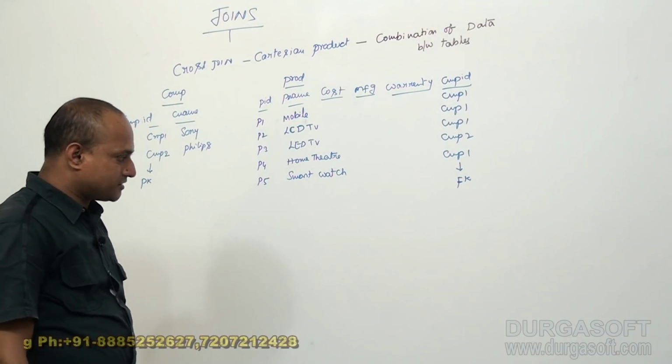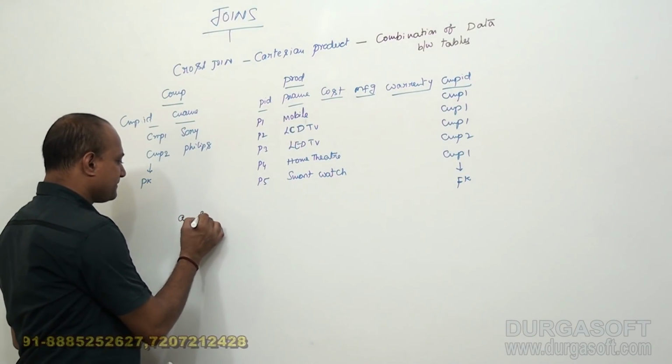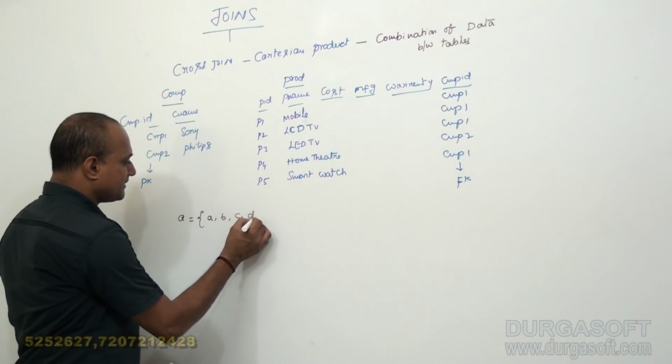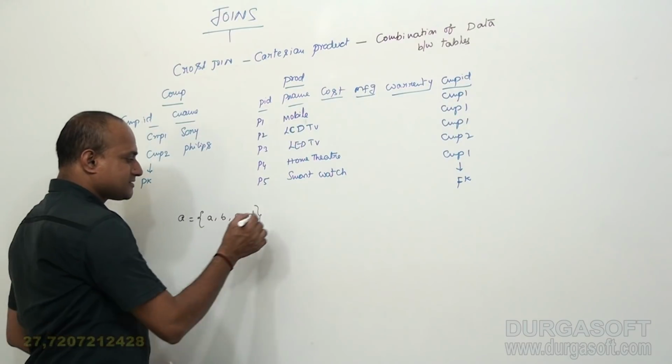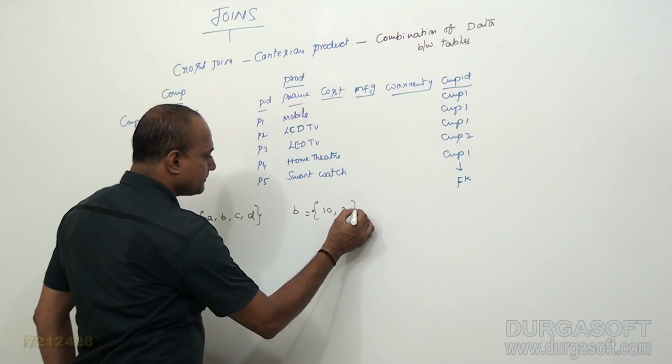What is combination? Let us consider a set A is A, B, C, D. Before going to tables, let me explain with simple sets. B is equal to 10, 20.